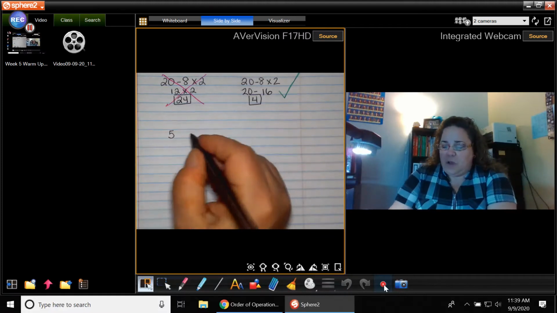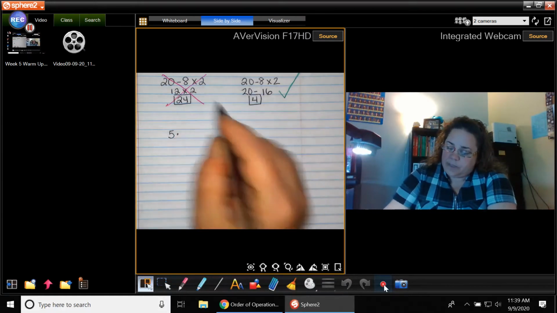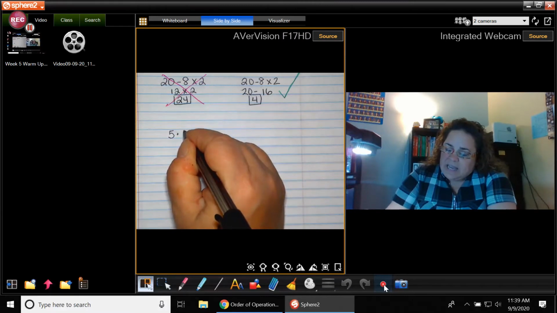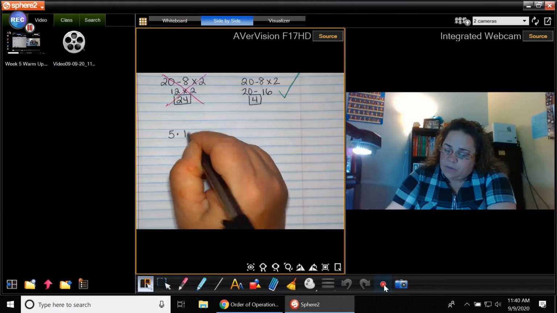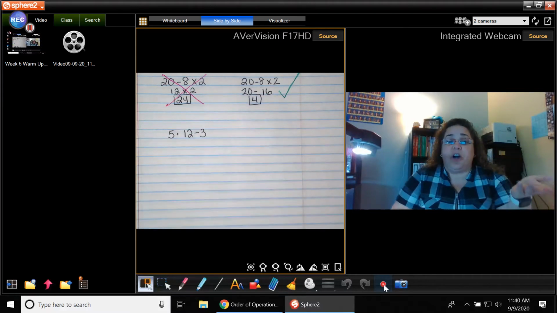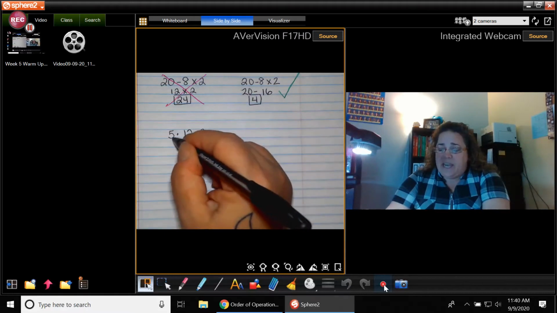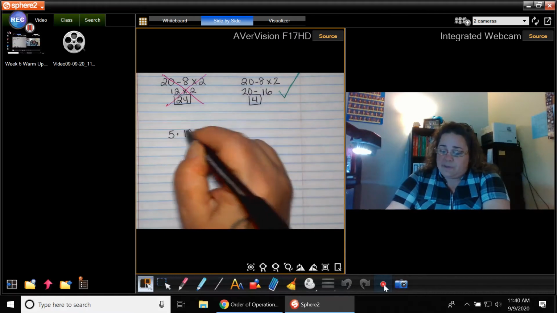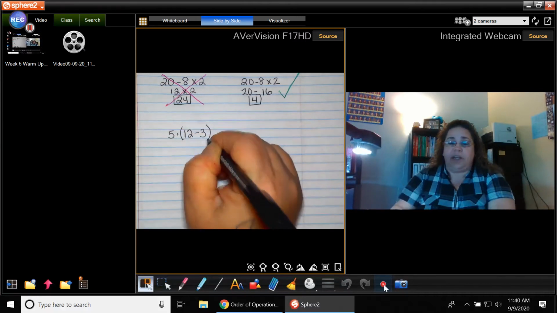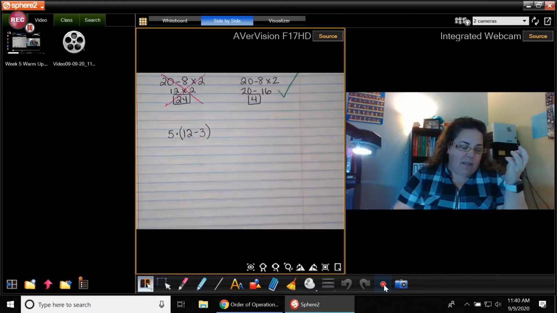So that means you bought 5 t-shirts times 12 minus 3, because each shirt costs $12 minus $3, right? And we can't multiply it this way. We have to multiply it so that the 12 minus 3 is done first.